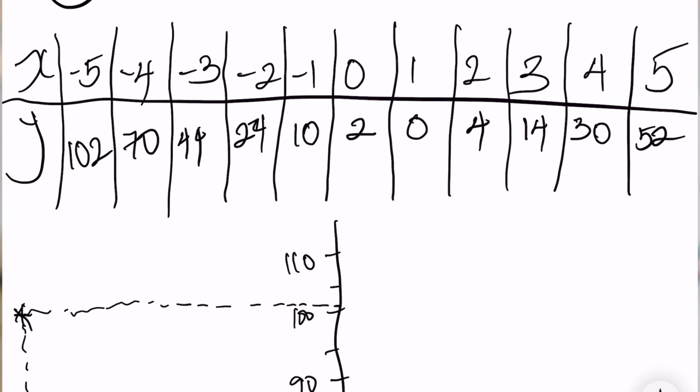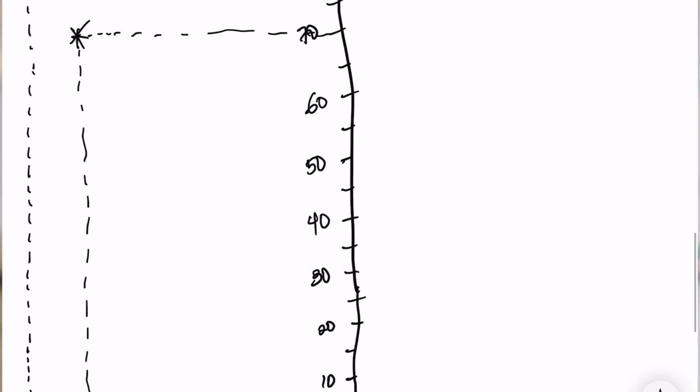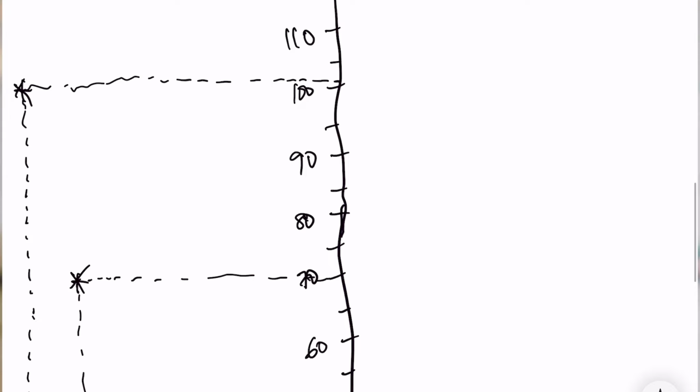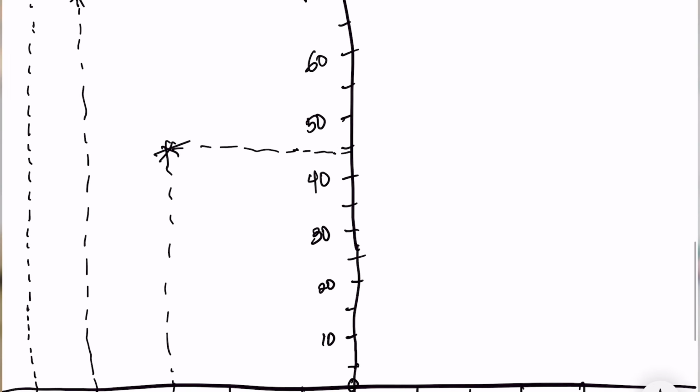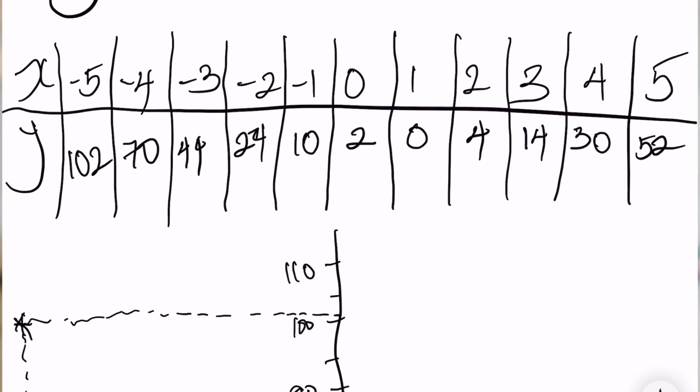Where our x is minus 3, we have 44. Where our x is minus 2, we have 24. Where our x is minus 1, we have 10. And where our x is 0, we have 2.